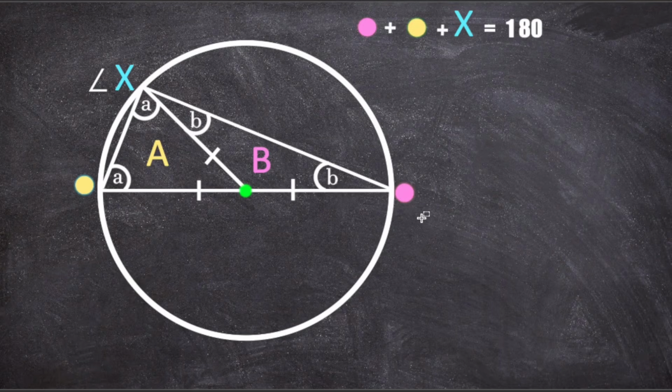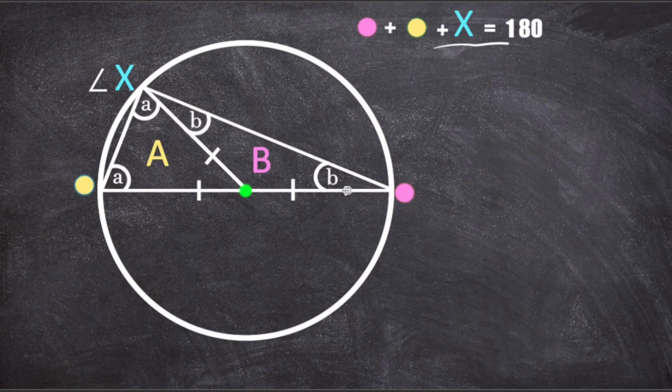Then we could say that the angle at the right-hand side of the base, which is this one, plus the left-hand side of the base, which is this one, plus the entire angle of X equals 180 degrees. So let's apply the angle values to this general sum here.